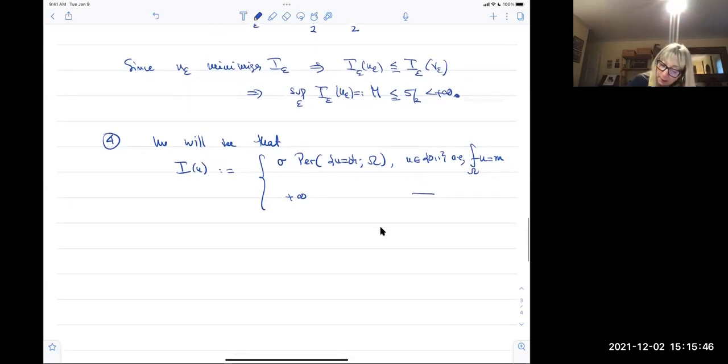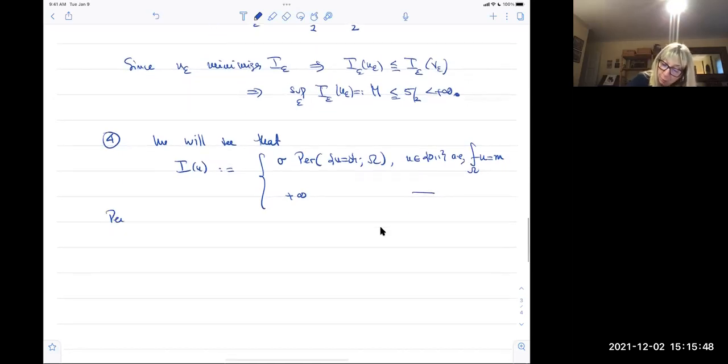We will see that, by the way, the perimeter where u is equal to 0 in omega is exactly the same as the perimeter where u is equal to 1 in omega.